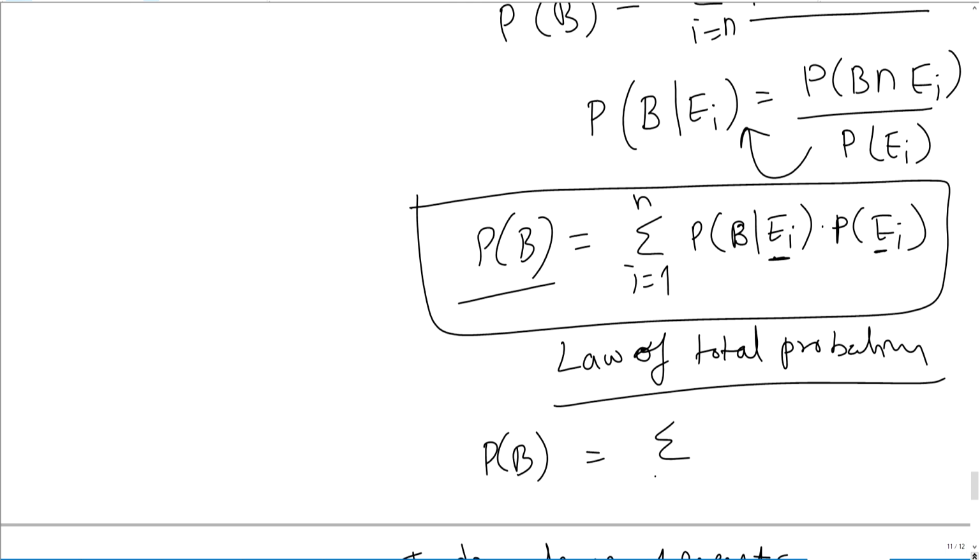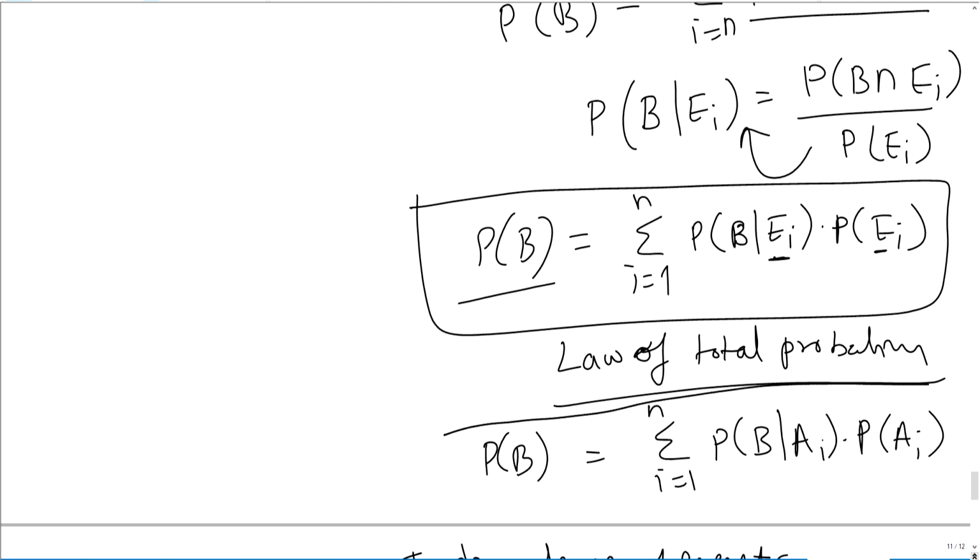So rather than writing E, I'm writing probability of B given Ai into probability of Ai, just to have consistency of terms A and B. But these are just events, it doesn't matter what you call them. You call them E1, E2 or call them A1, A2, that doesn't matter. So this is law of total probability, and this would become very useful when we later on discuss the Bayes theorem. Okay. All right, so I will stop here.